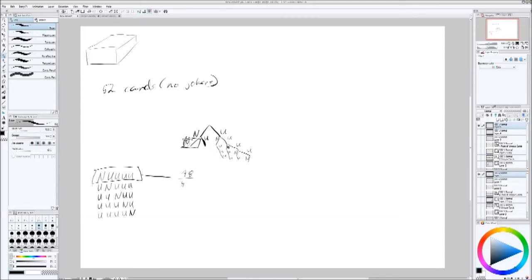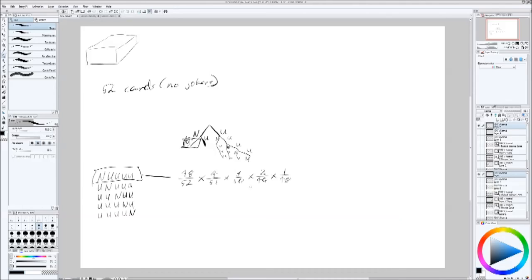So we have 48 over 52 times, now we want useful, so we've got 4 over 51, and we've drawn one of the useful cards, so now that drops down to 3 over 50, and then we've drawn another of the useful cards, so it's 2 over 49, and then multiplied by 1 over 48.